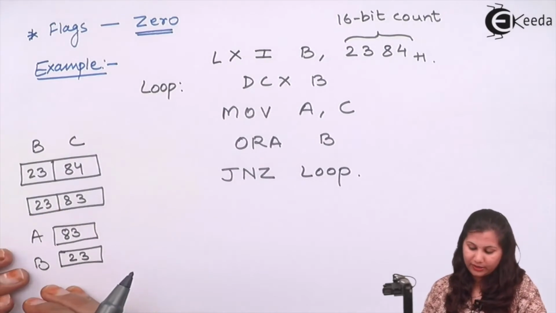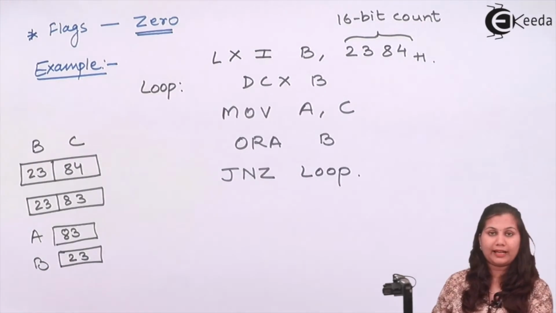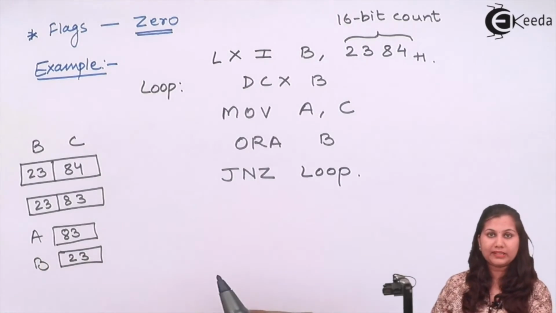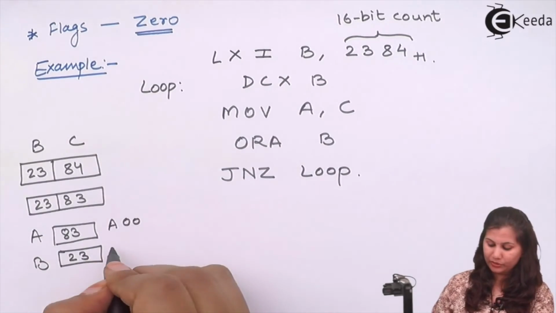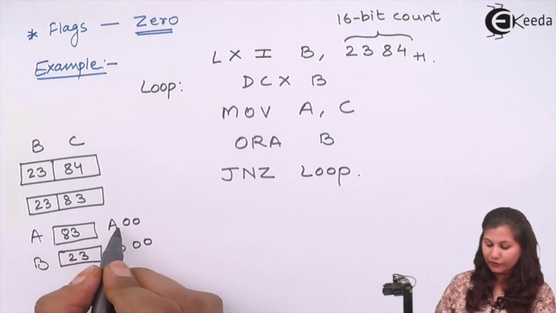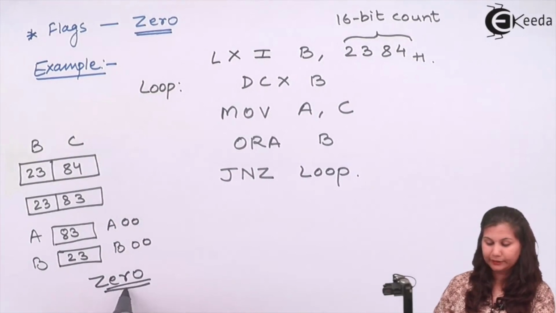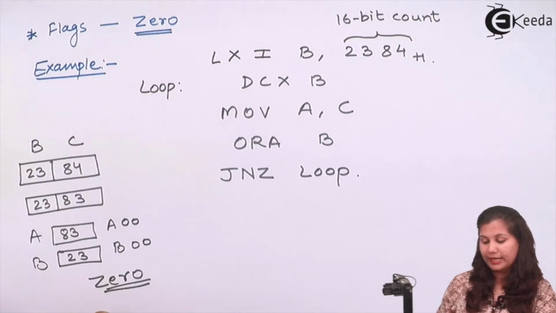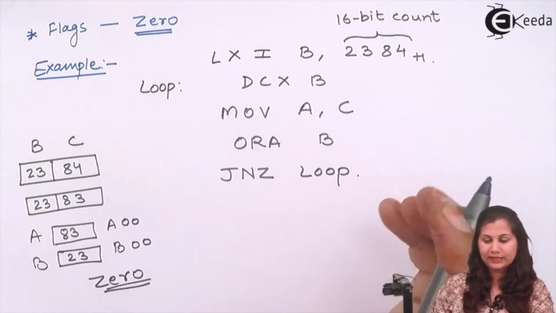Both these registers are ORed so that the zero flag is set. The result will be 0 only when both the contents are 0, that is, the accumulator has become 0 and B has also become 0. When the contents of the accumulator are 0, then the zero flag will be set. So this is one of the techniques to set the zero flag and have this condition satisfied.